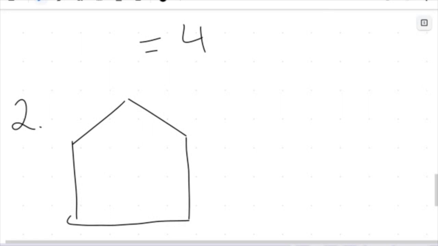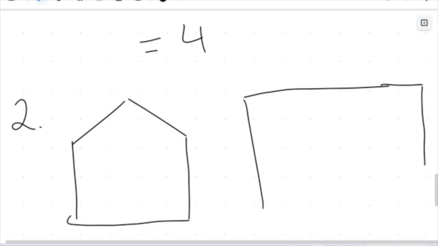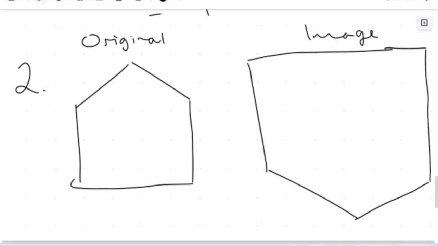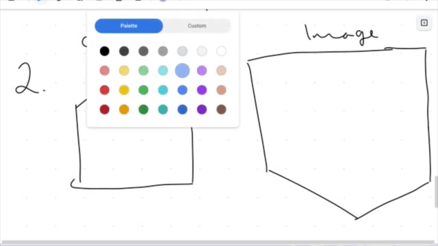An original shape and an image shape here. Okay. My original, my image.